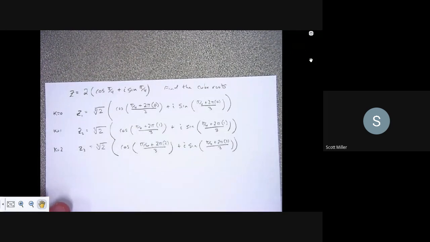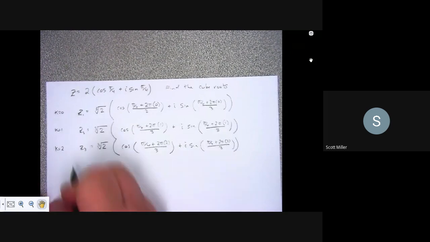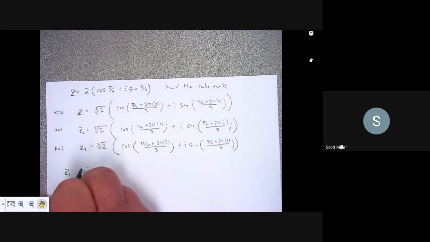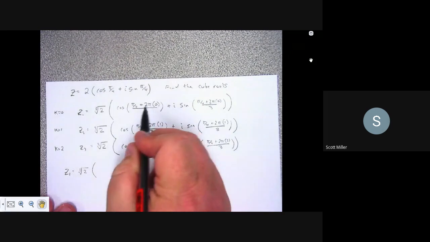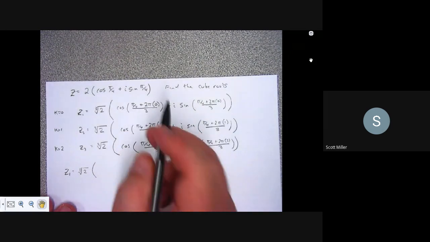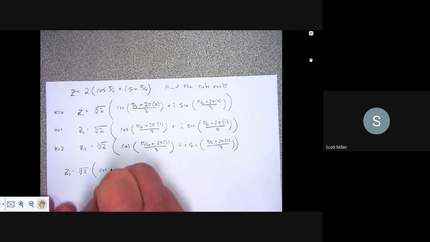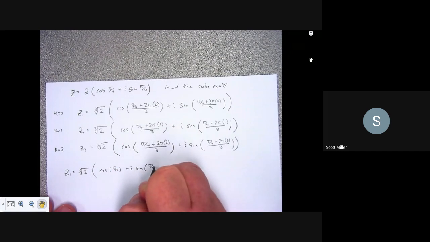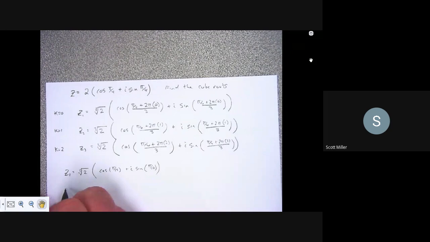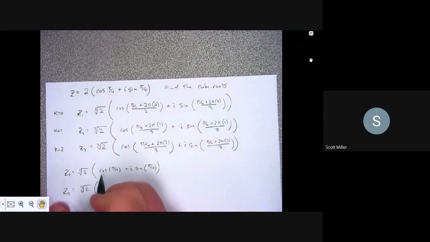So now z1 is the cube root of this. We need to work this out. Well, that's a 0. So it's just pi over 4 divided by 3, which would be pi over 12. So this is the cosine of pi over 12. And the sine angle will be exactly the same. Then you do z2, and you work that one out. You get the cosine of what angle?